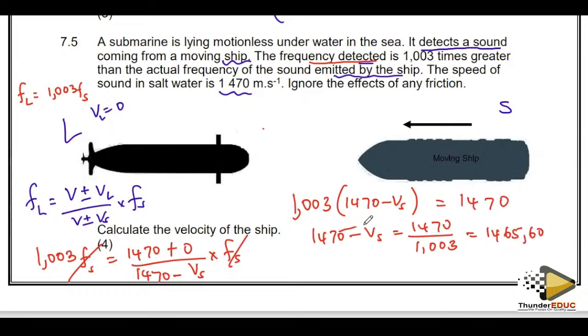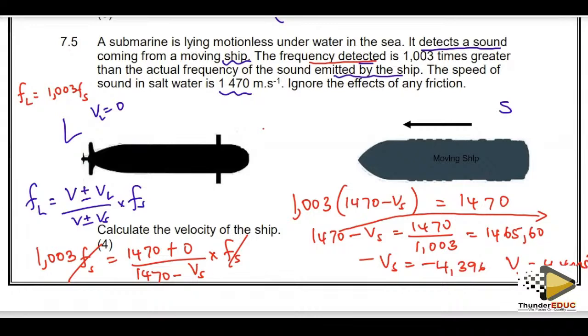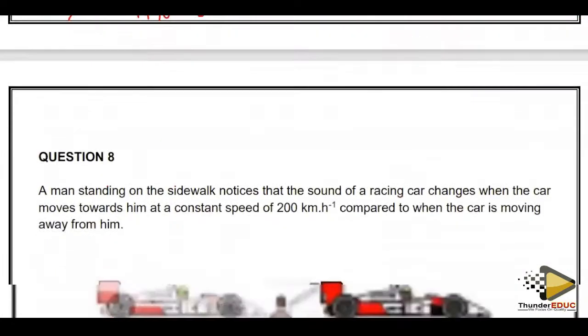Then I need to move this to that side, which must give me a negative answer. That's 1470, so it's negative 4.396. If I round that off and divide by negative 1, it's 4.4 meters per second. Okay, guys, that's question number 7. We're almost there.